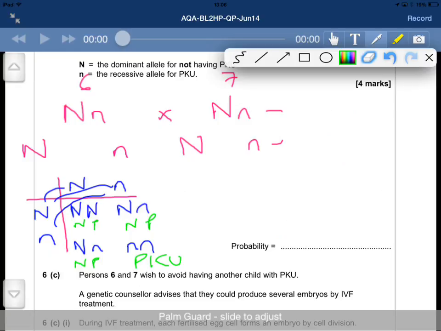We then do our Punnett square. We then multiply them out to get Nn, Nn, Nn, Nn. Can you see? Nn, Nn, Nn, Nn. So these are the offspring genotypes.